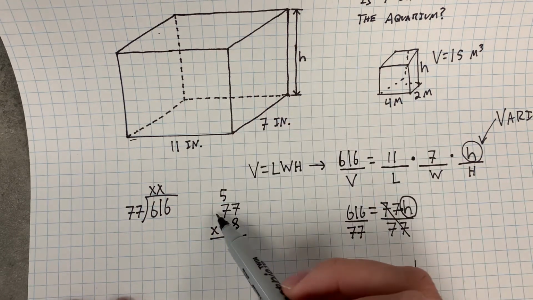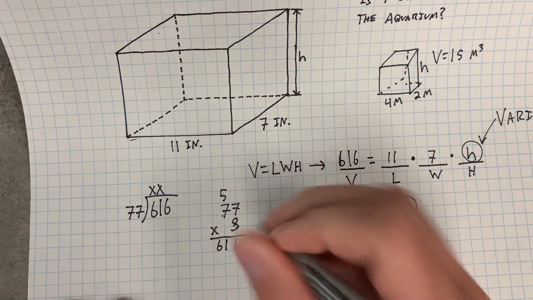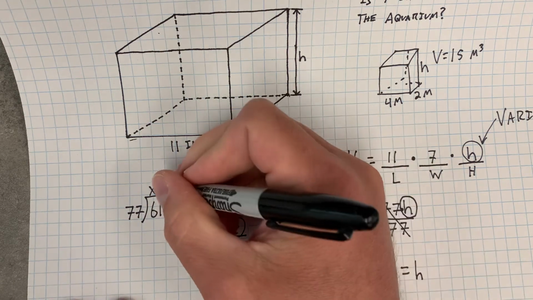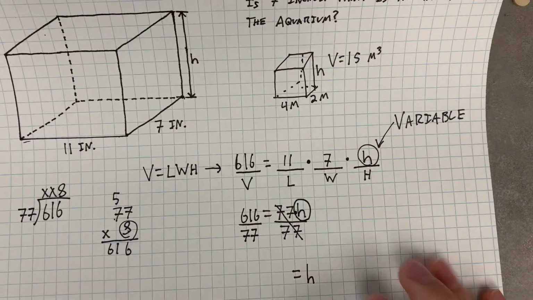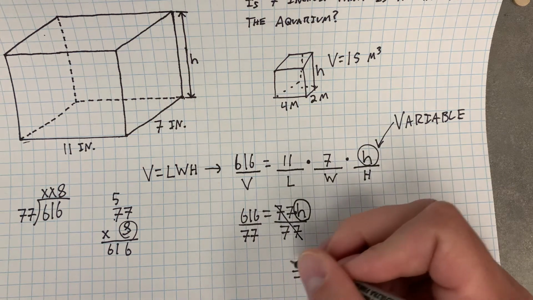And we get 8 times 7 again is 56, plus 5 is 61. So 616. So 77 fits into 616 8 times. That means, back to our algebraic equation, 616 divided by 77 equals 8.